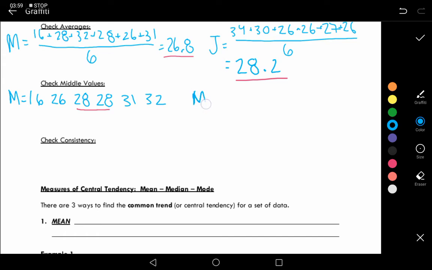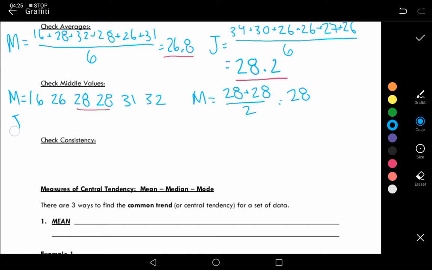But I'm just going to show you that I'm doing that. So we would do 28 plus 28 divided by 2, and that's going to give us 28. So the amount that Matt sells generally is 28. That's the middle value.